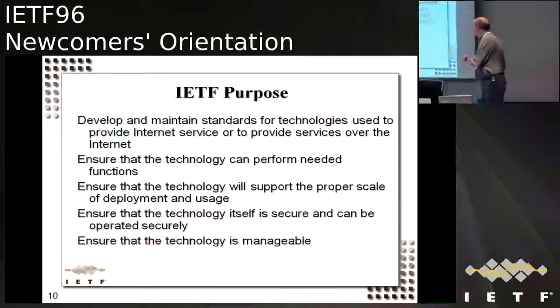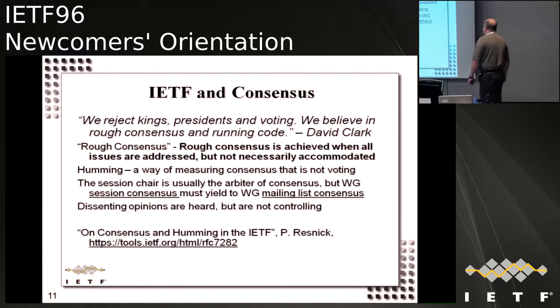So we don't vote, or we sort of vote, but we don't vote. The IETF believes in something called rough consensus, and what that means is that we do not need perfect consensus in a decision to go forward on a standard. We need rough consensus, which means that we've got a good number of the people who say this is a good idea, and we've considered all the other issues.